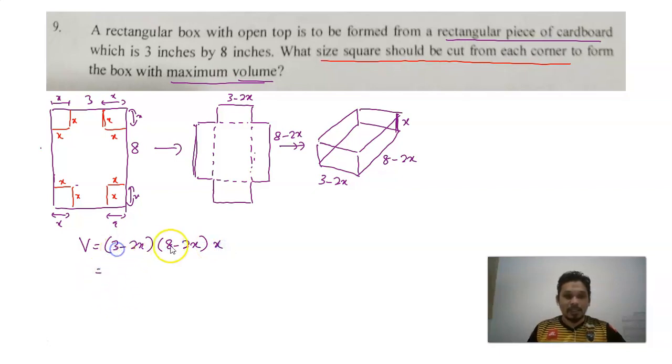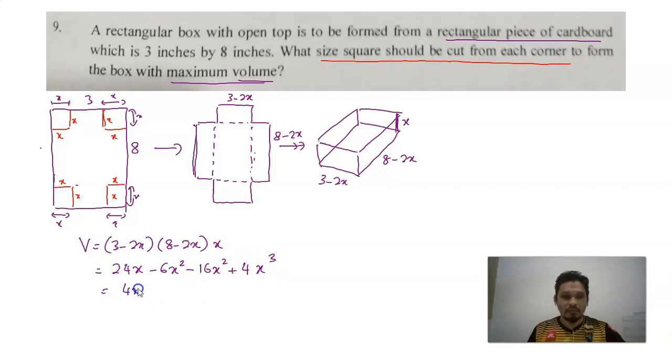Okay, 3 times 8, 24, then times x, 24x. 3 times negative 2x, negative 6x squared. 3 times negative 2, negative 6x, and now multiply x, x squared. Negative 2x times 8, negative 16x squared. Negative times negative, positive 2 times 2 equal to 4x cubed.